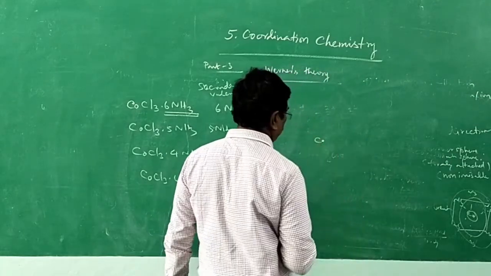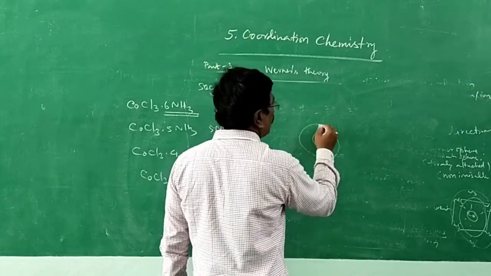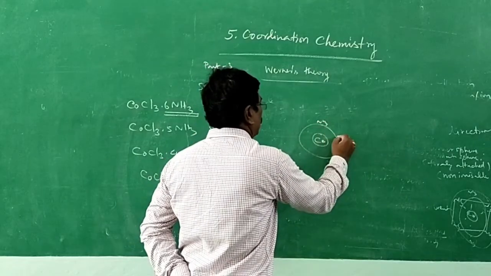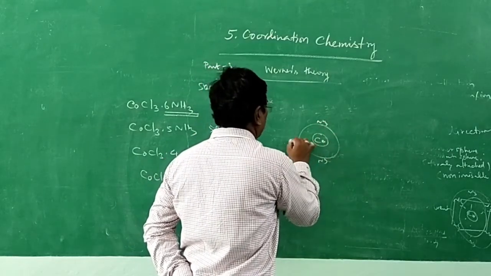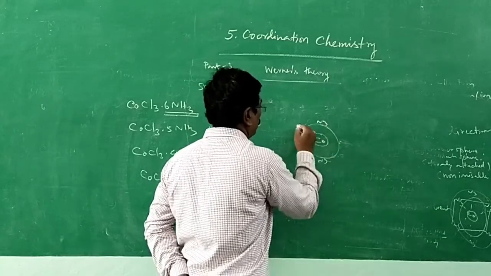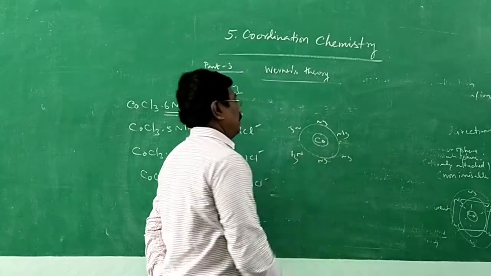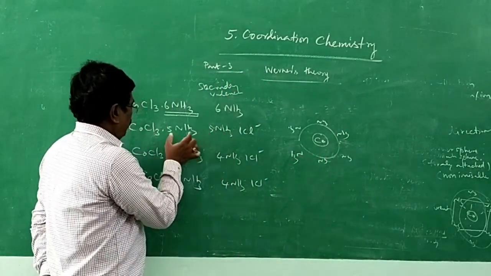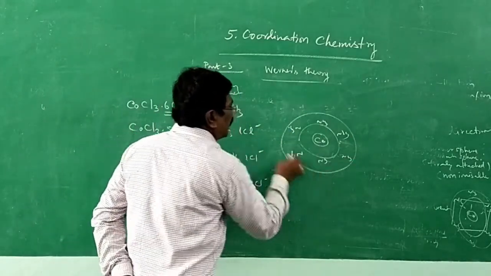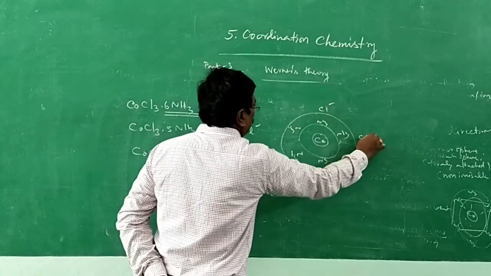Cobalt, inner sphere, how many ammonia? 6 ammonia. 1, 2, 3, 4, 5, 6. And outside the sphere, 3 chloride ions are present, Cl minus, Cl minus, Cl minus.